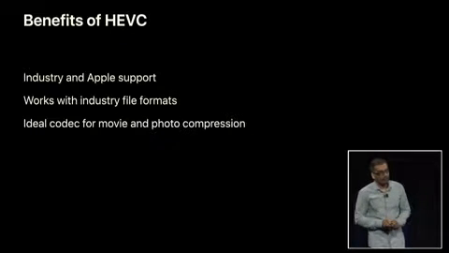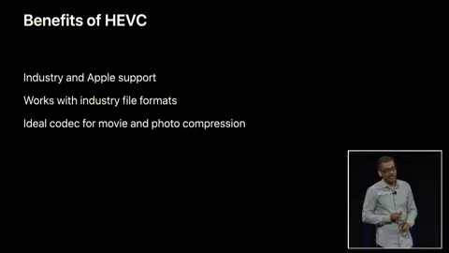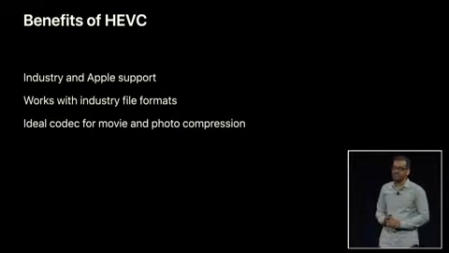It has both hardware and software support, and later on in the presentation, Gavin will go into the details about where and how that's supported. It works already with the file formats that we've talked about, so it's supported in the QuickTime movie file format and within the MPEG-4 file format. And finally, it's an ideal codec for both movies as well as still images, allowing us to use it in place of H.264 and JPEG.